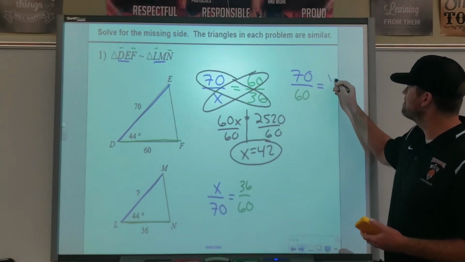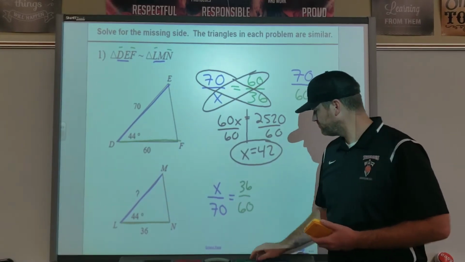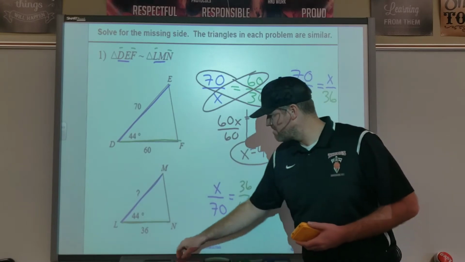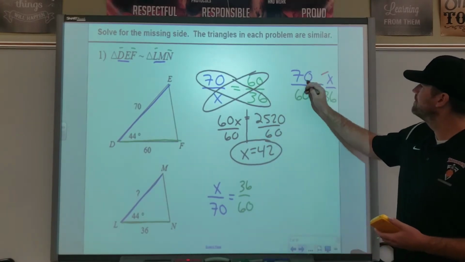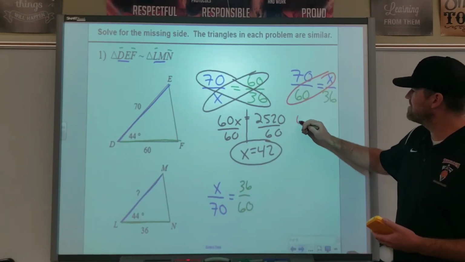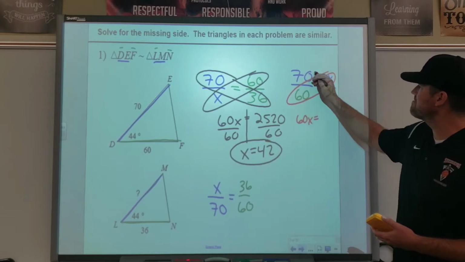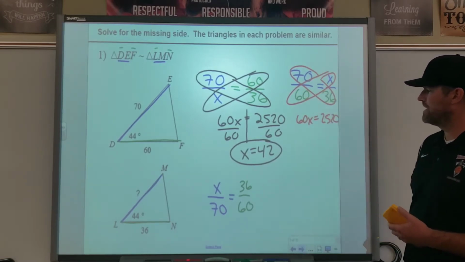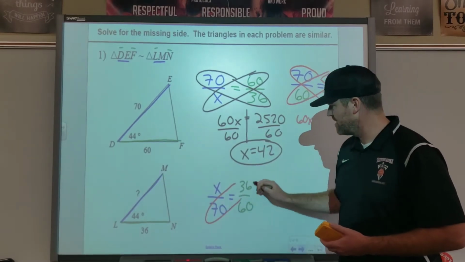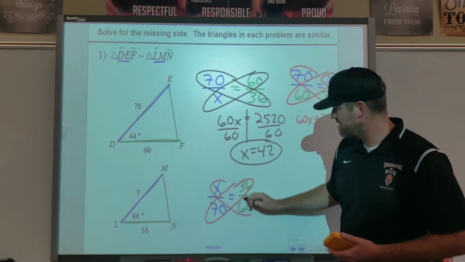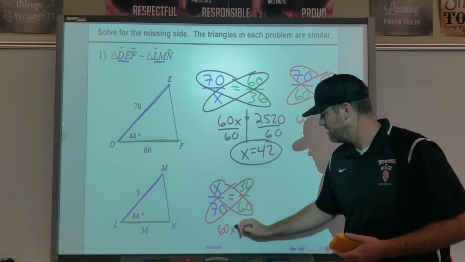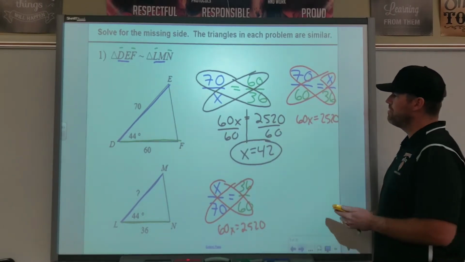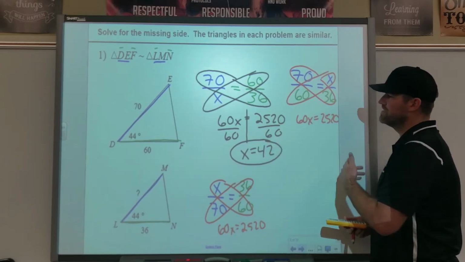So x over 36. And now when I cross multiply, I still get 60x equals 2,520. That's the same thing I would get down here as well. So all three ways, and there's actually another way I could do it.